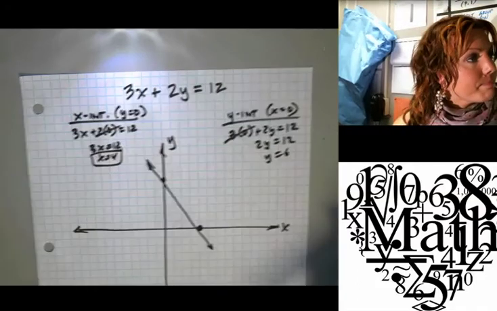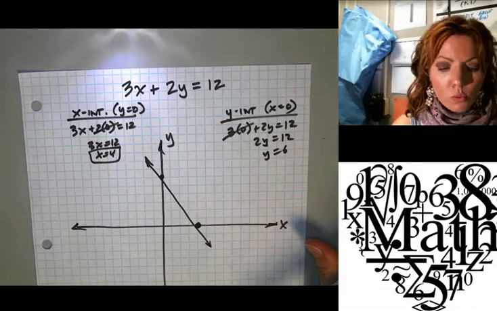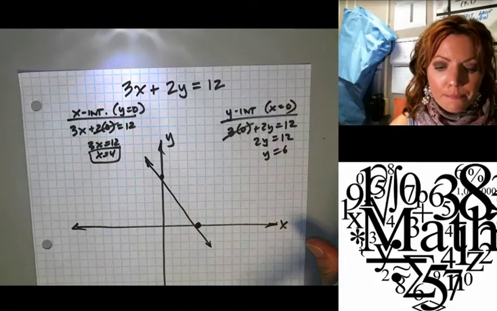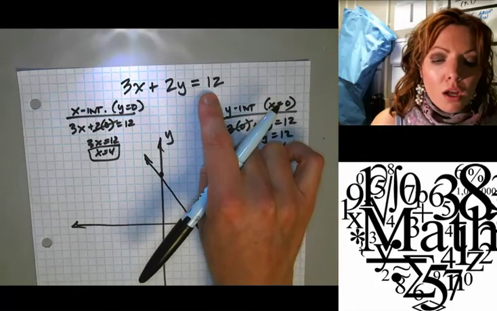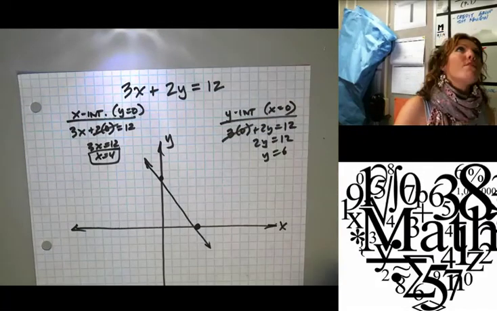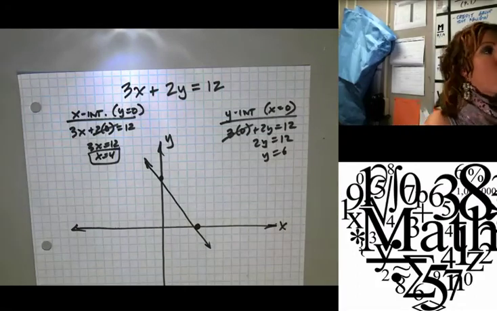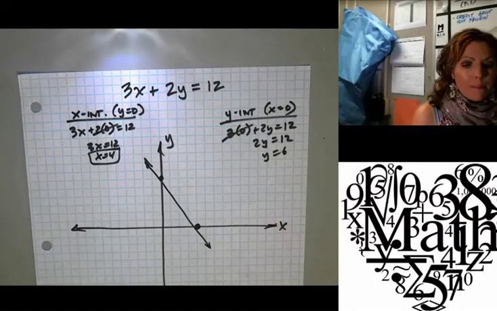Make sense? What does the 12 represent? It can be anything you make up. That number comes from whatever specifications you're given in the problem to start out with. In this particular one, I just made it up.